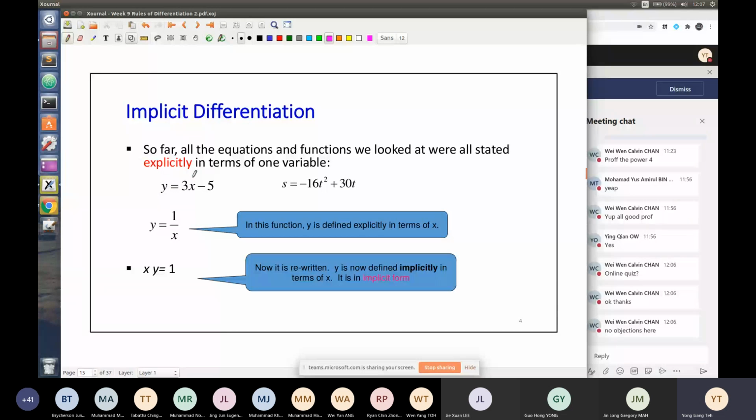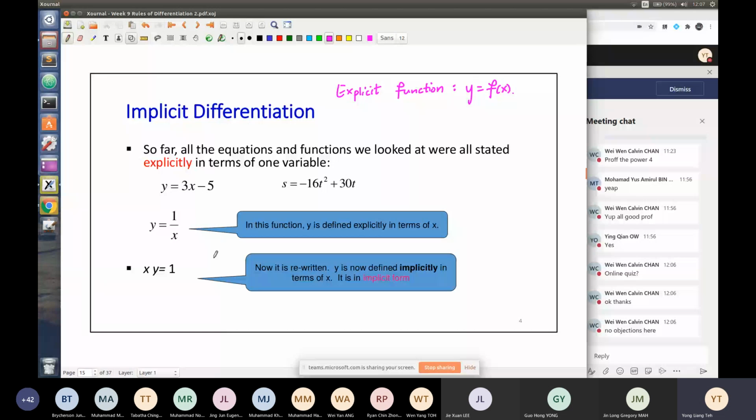Okay, so hence, an explicit function has the form y is equal to a function of x. So if you can write the equation in this way, then this is what we mean by an explicit function. So hence, what is the implicit function?